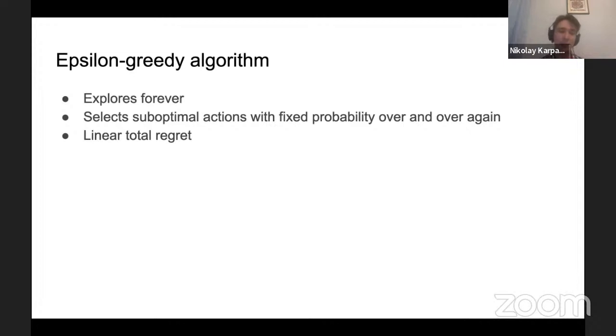Hence, the regret here would also grow linearly with respect to the step, because at each step you would add to the regret, to the loss, the constant difference between the expected reward for the best action and the expected reward for the best action multiplied by the exploitation probability, which is strictly less than 1 in this case.